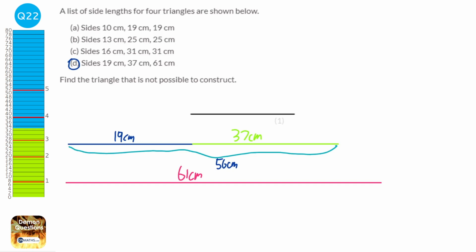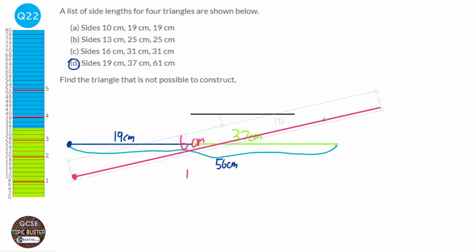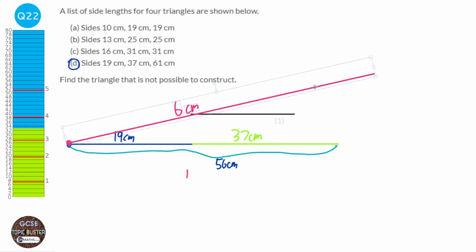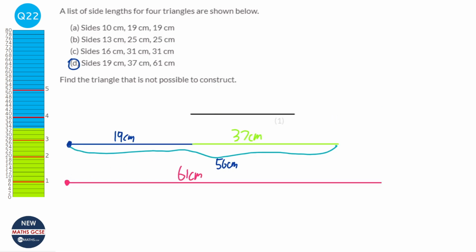So we could move this whole stick onto this side here, but we can't actually make a triangle with it, because the 2 lengths that we've got won't ever reach the end bit here. They just won't ever reach that bit to be able to create the triangle. I'm just going to put that back. So our answer is option D.